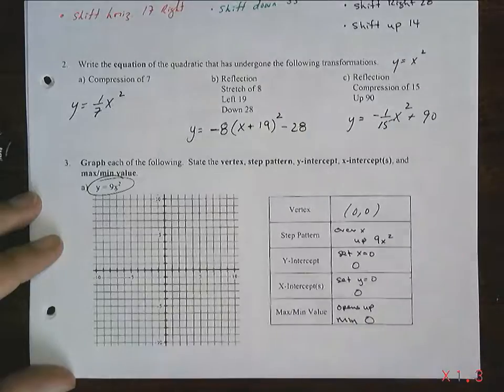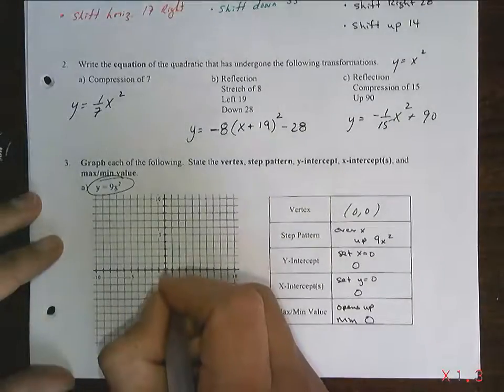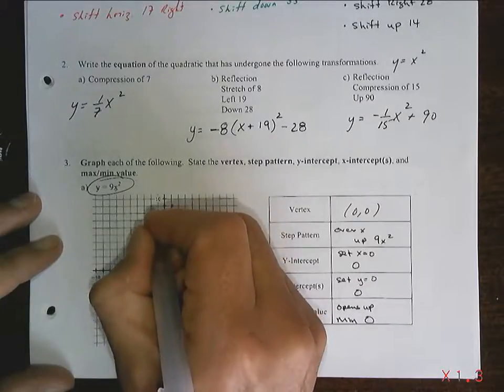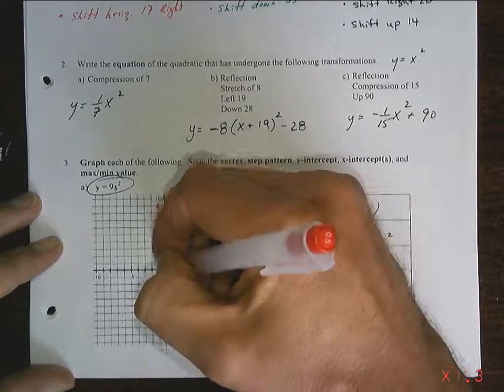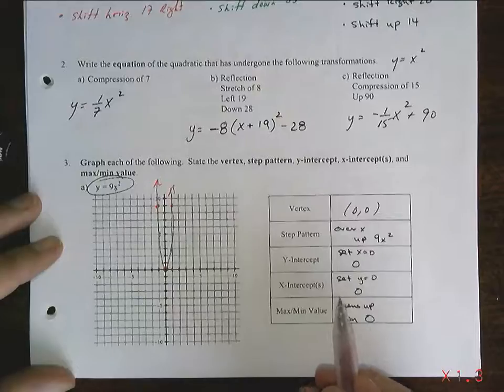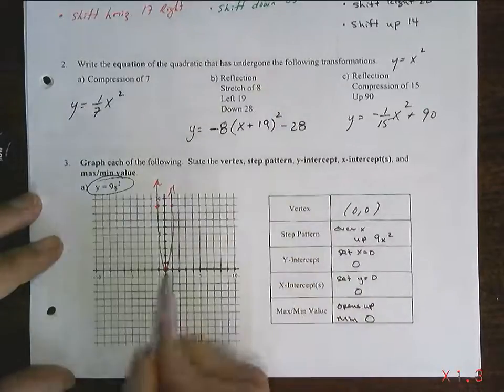So I did all of that without even graphing it. This is what it looks like as a graph. Vertex is 0, 0. Over 1, up 9. After that, it goes off the grid. You can see that my x-intercept is 0, my y-intercept is 0, and I have a minimum value of 0.